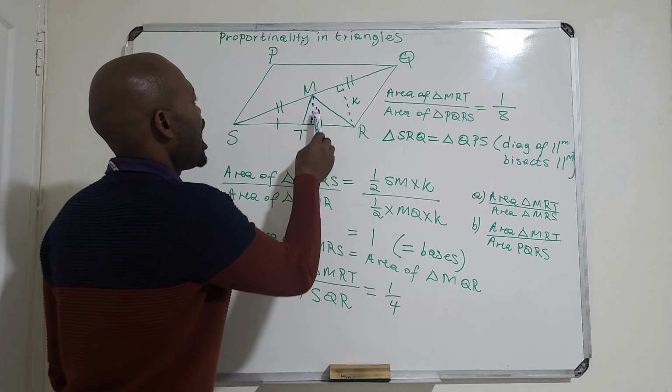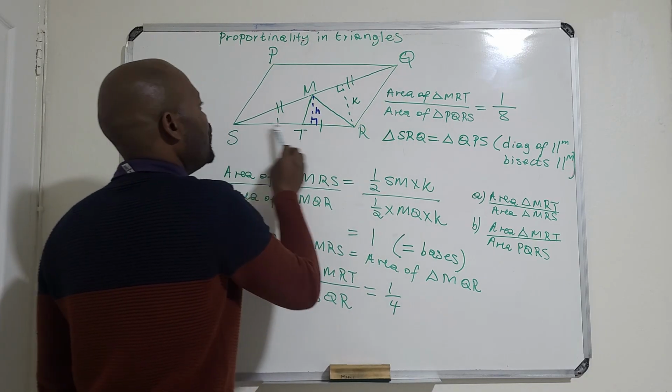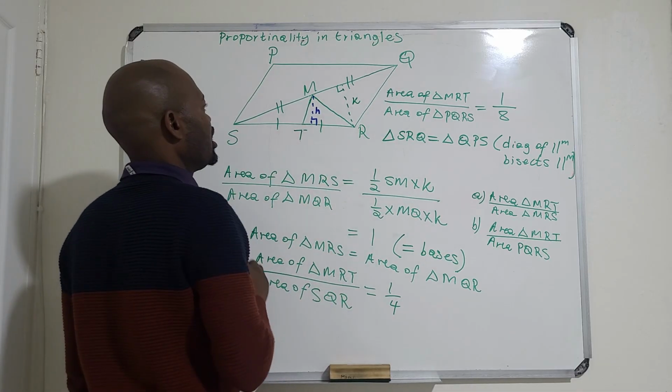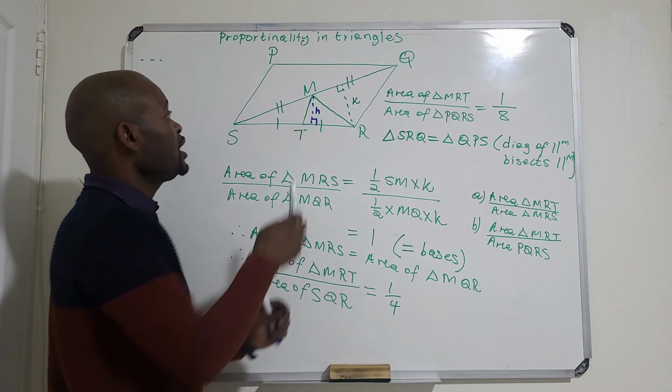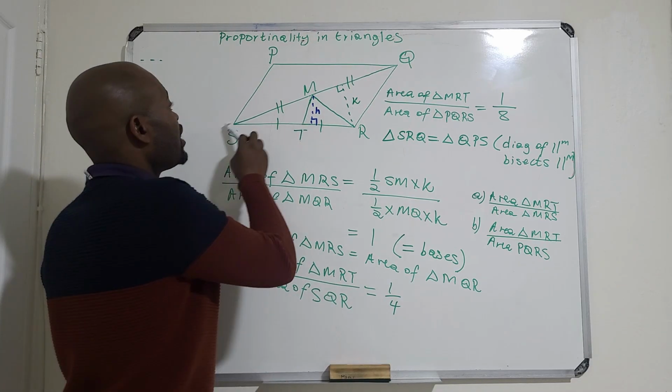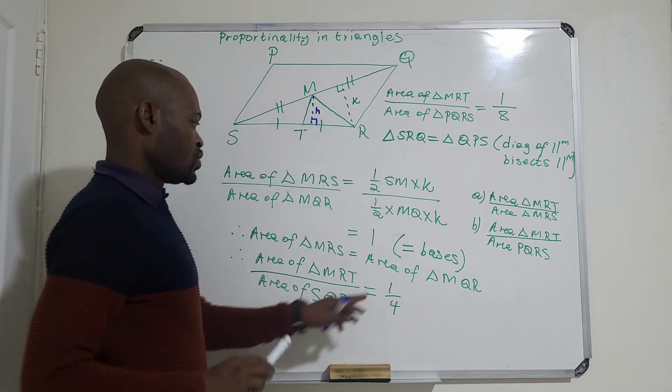Therefore, I've got 4 of these triangles in this triangle. That is why the area of triangle MRT over this triangle here is 1 over 4.